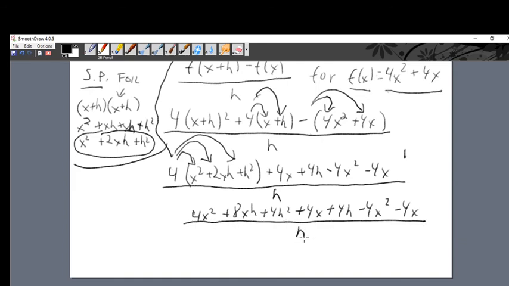Okay, now let's look at what we can cancel. 4x squared, does that have a match here? Yes, minus 4x squared. They actually cancel each other out. They're like terms, but they're gone. What about 4x and minus 4x? They also cancel each other out. That works out well. Okay, now, did I make a mistake here? This should be 4h squared.